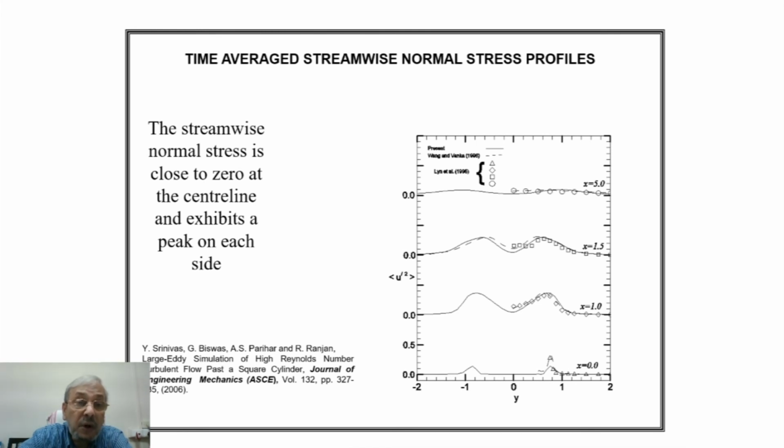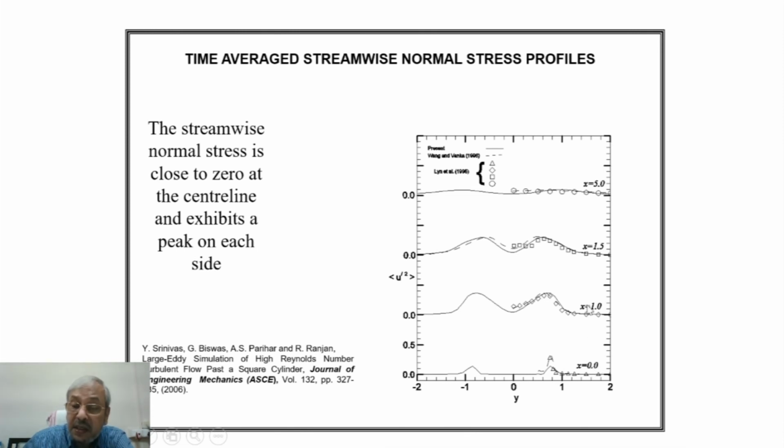The streamwise normal stresses are close to zero at the center line and exhibit a peak on each side. This is behind the square cylinder, and x is at different locations. This is just behind the square cylinder, x is 0.